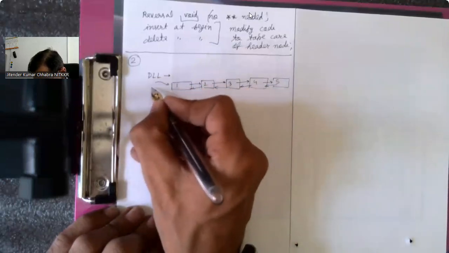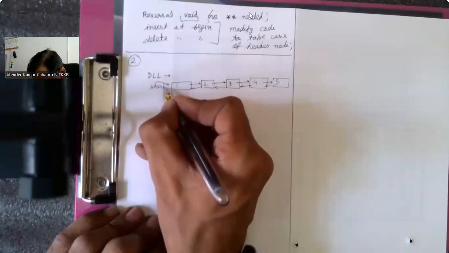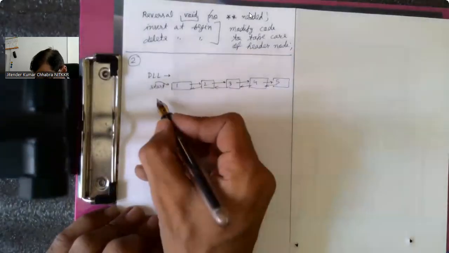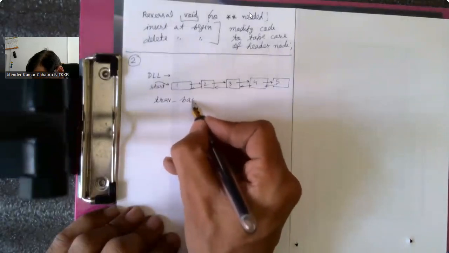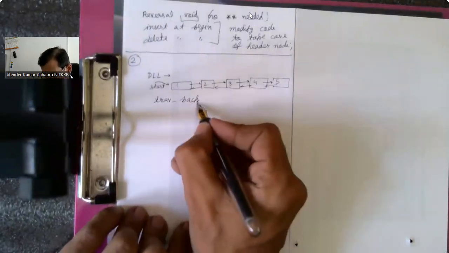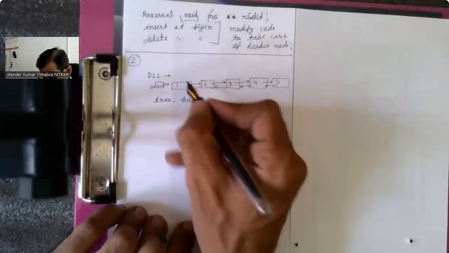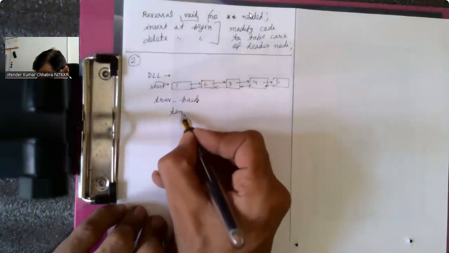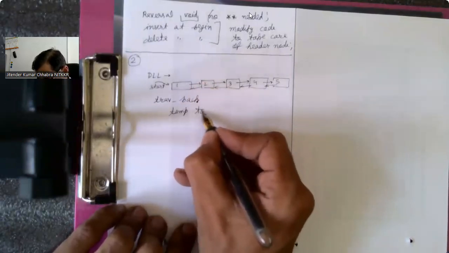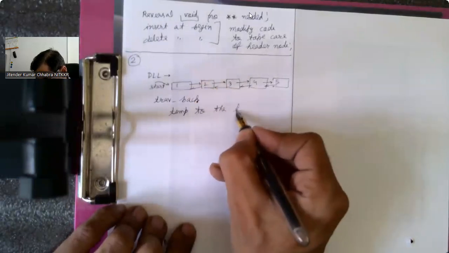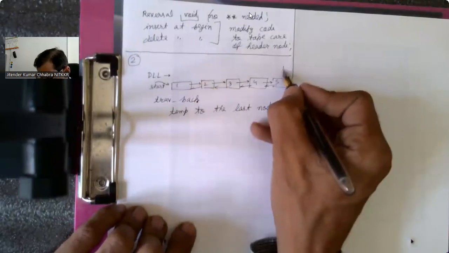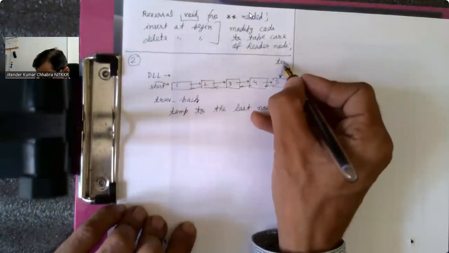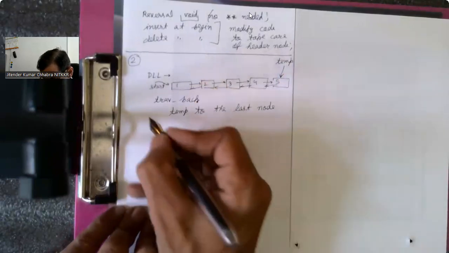This is your start. Now, I say traverse backward. Traversing backward effectively meant you have to take temp to the last node. Only then could you do it. So you needed to bring the temp here, and only then it could be done.